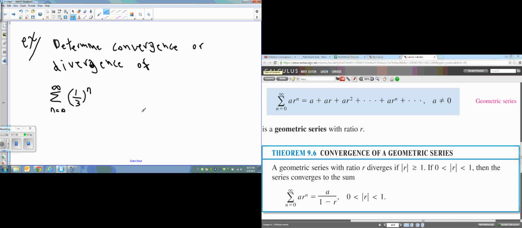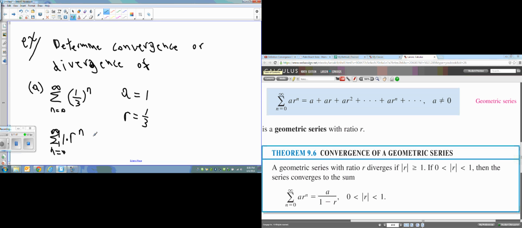Well, in this case, this is very direct. This is very straightforward. If I let a equal 1 and I let r equal 1/3, then this can be written as the sum from n equals 0 to infinity, and 1/3 is what I'm calling r to the nth power, and a is the number 1, so this is multiplied by 1, and here I have a times r to the nth.